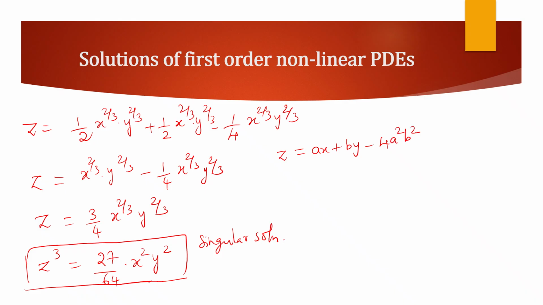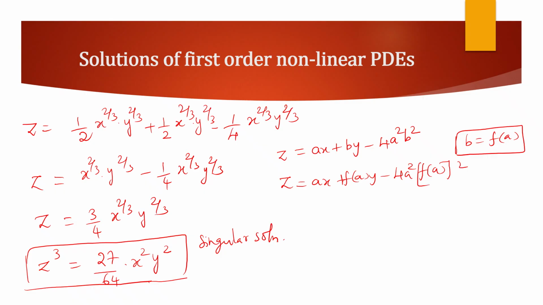So in this, if we replace b as a function of a, then we get z is equal to ax plus f of a into y minus 4a square into f of a the whole square. So now differentiating this partially with respect to a and elimination of a gives our general solution.